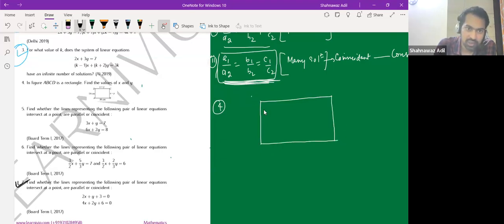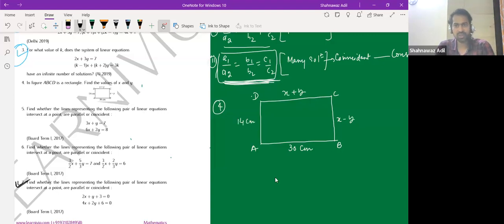AB is 30 centimeters, and the other sides are x plus y and x minus y, and 14 centimeters.